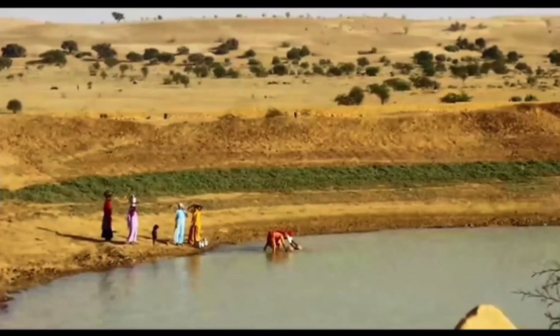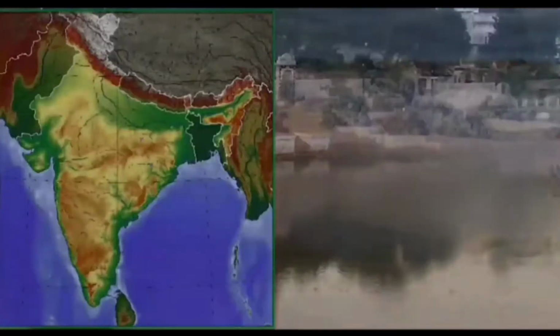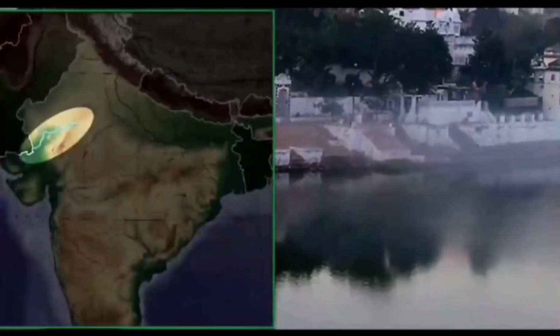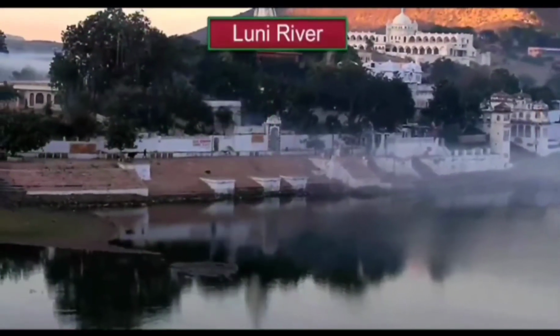So, soon after the rainy season, they disappear slowly into the sand again. The only exception is the river Luni, which is a large river.